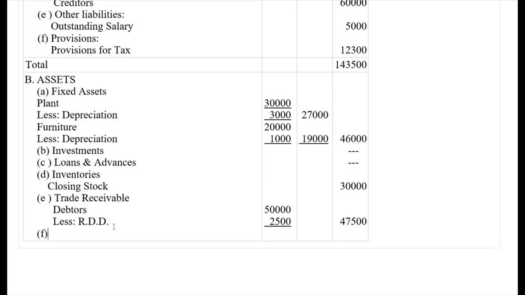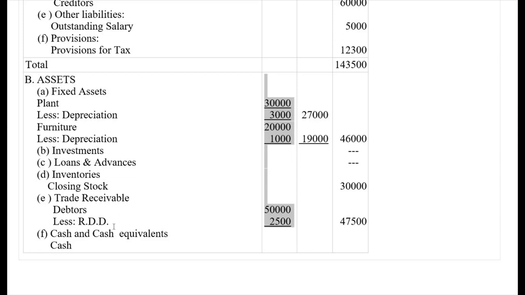Then the next one, cash and cash equivalents. So under this we have got cash balance. So cash balance is given as rupees 20,000.